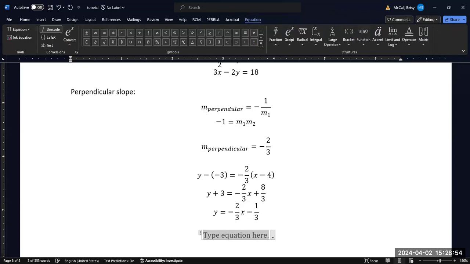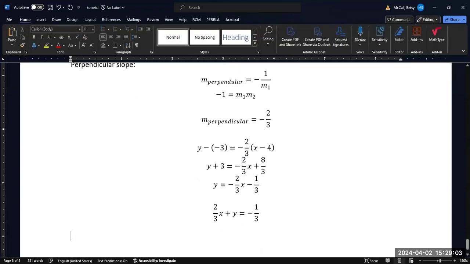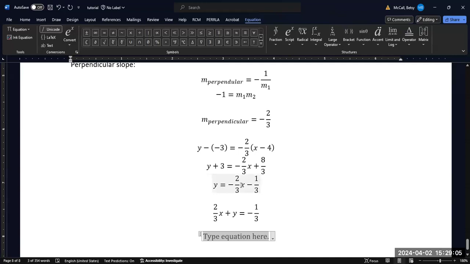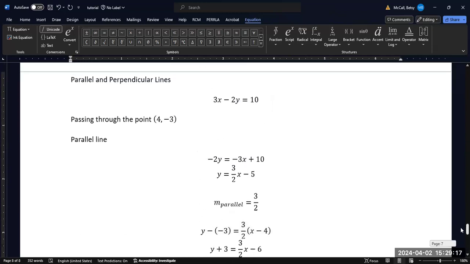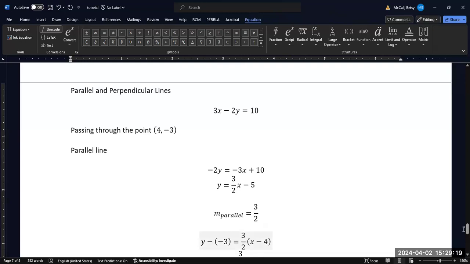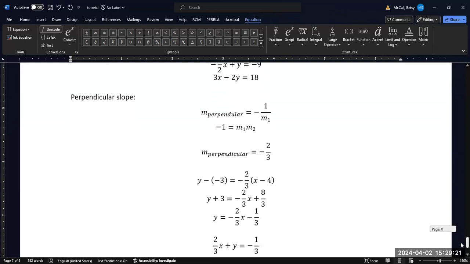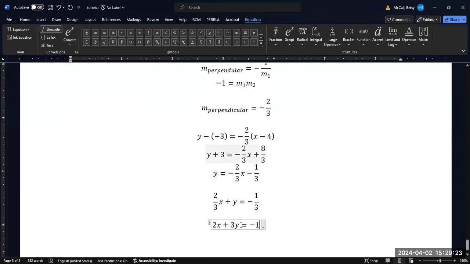And then, of course, in standard form, I can put everything on one side of the equation. And then if I want to, I can also clear my fractions. 2x plus 3y is equal to negative 1. Now, one thing you may notice about the perpendicular line is that in my original line, I had 3x minus 2y, and here I have 2x plus 3y.